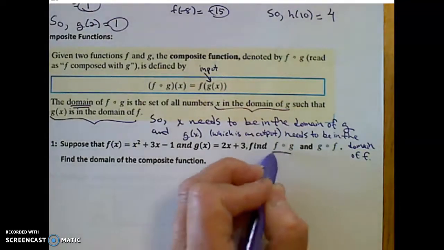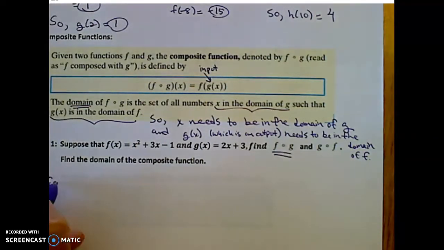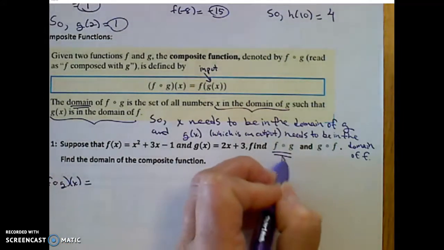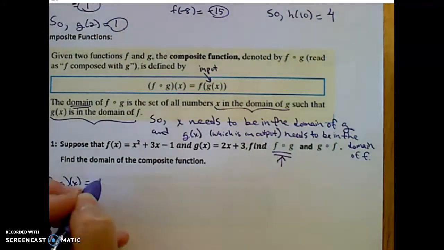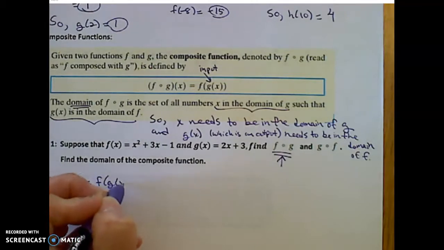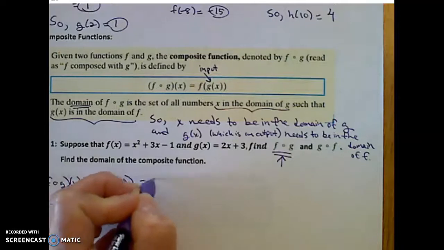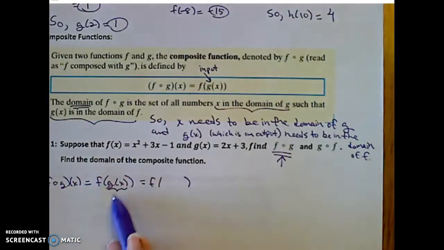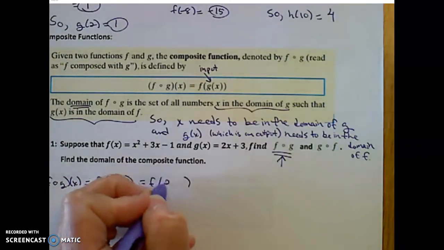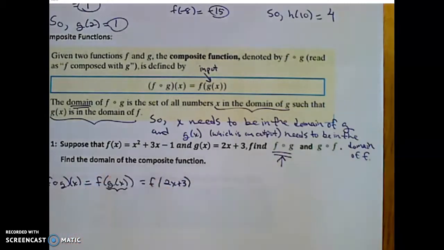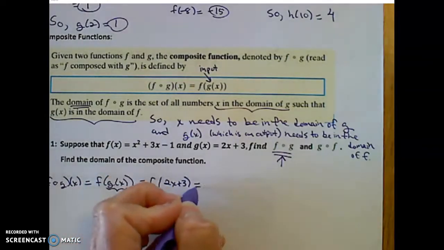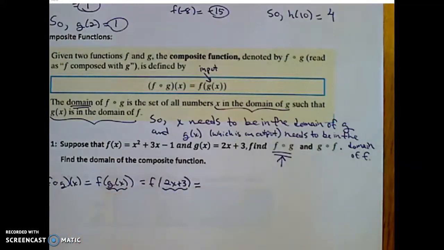Let's look at an example. First of all, we're going to find f composed with g of x, that first notation. If that's confusing, we'll just write that as f of g of x. Start on the inside, and I'm going to plug that whole function g of x, what was g of x? 2x plus 3, into f of x.